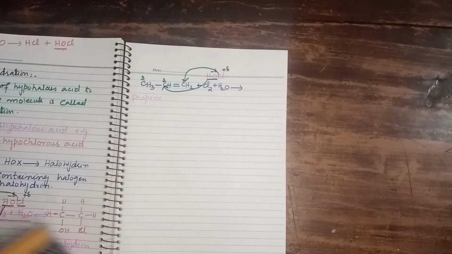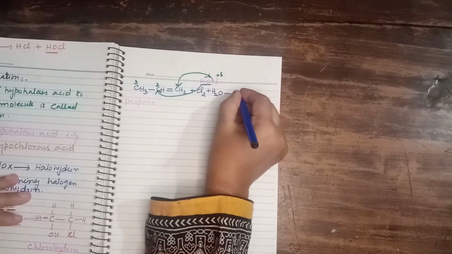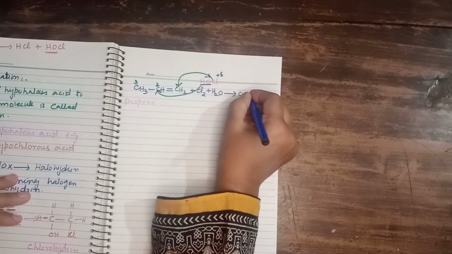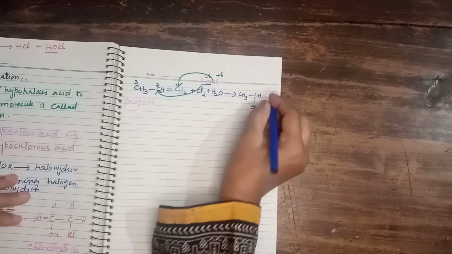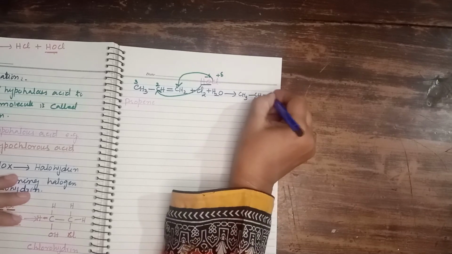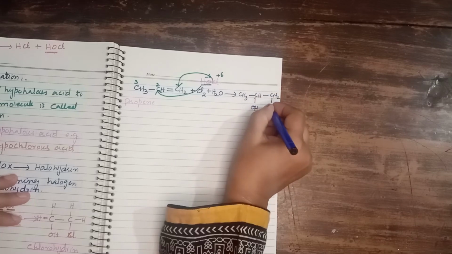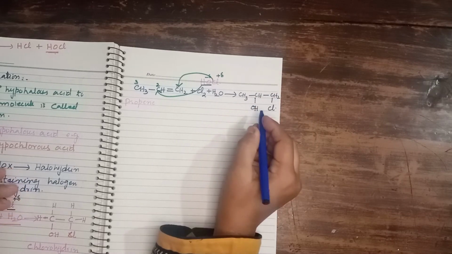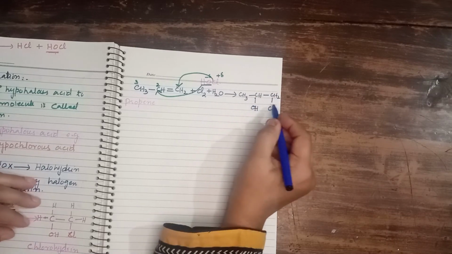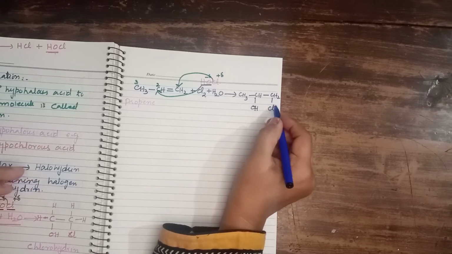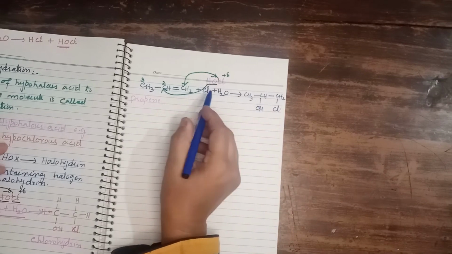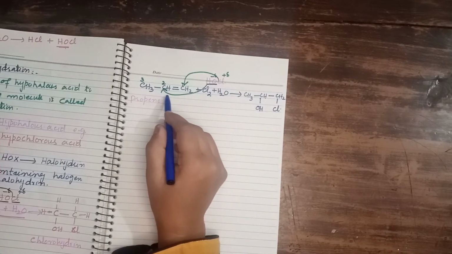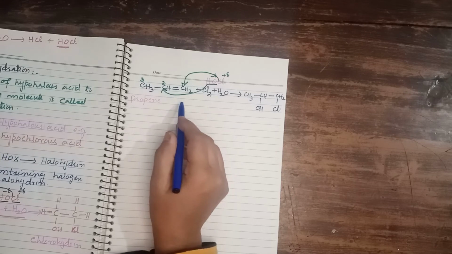So after the reaction, we get the product CH3, CH, OH, CH2, Cl, right? So in this way we get chlorohydrin. This is the example where Markovnikov's rule is applicable. I hope this reaction is clear to you, students.